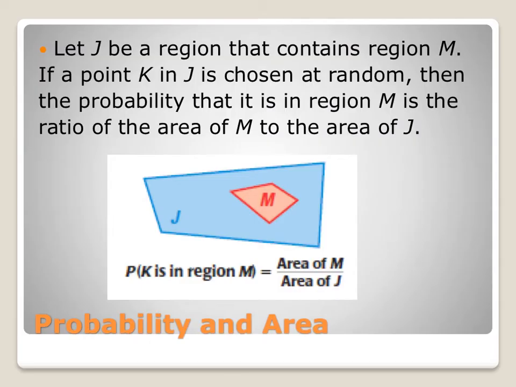Okay, so now it says let J be a region that contains region M. So we have, looks like maybe just a quadrilateral. So we have 2 quadrilaterals here.